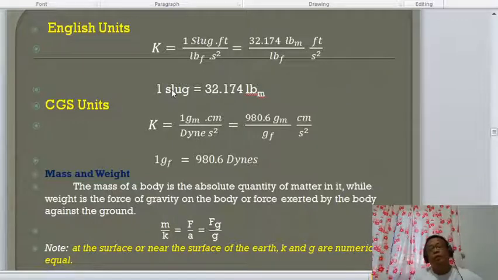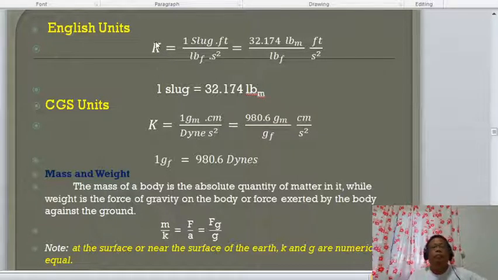But if you are computing a force which is different from the unit of mass, say for example, the mass is in slug and the force is in pounds, take note that the value of K is unity, or that is only 1.